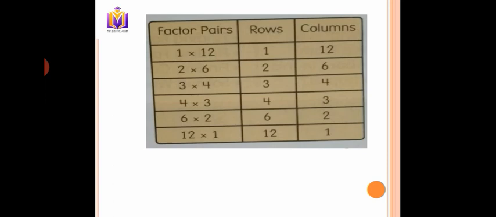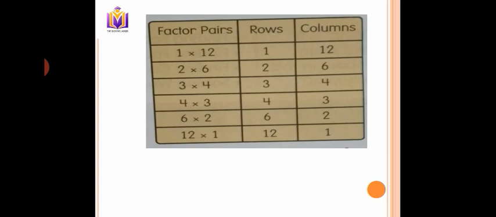Factor pairs, because a pair consists of 2 numbers. Here this and this, these are the number of rows and these are the number of columns. Together they form the factor pair. So as you can see, 1 multiplied by 12, 1 row is there, 12 columns are there. 2 multiplied by 6, 2 rows are there and 6 columns are there.